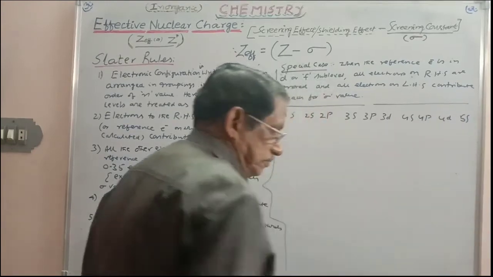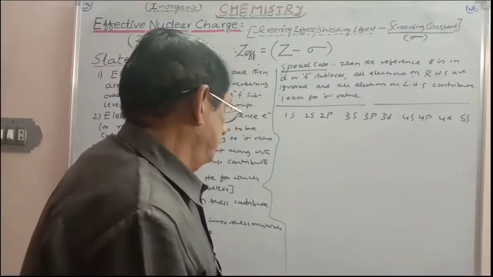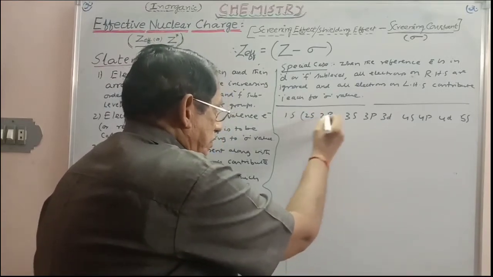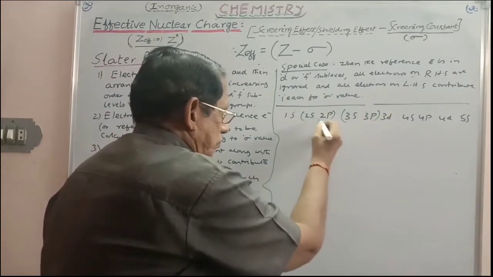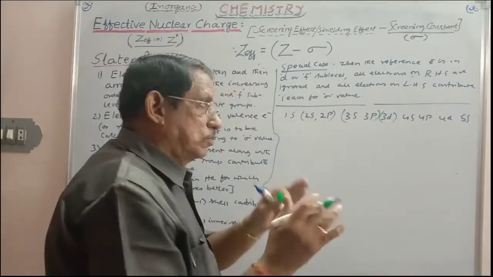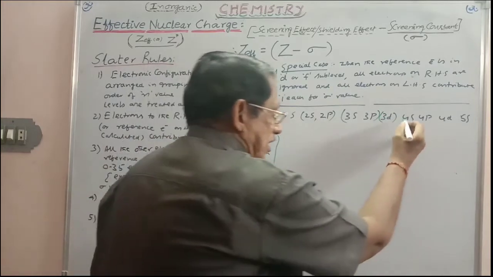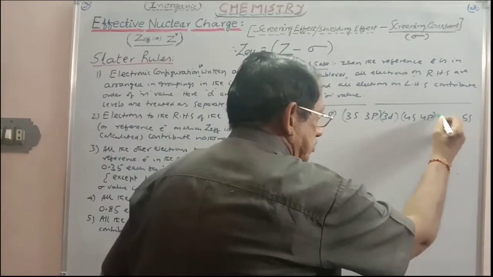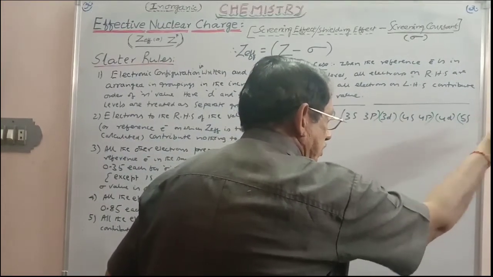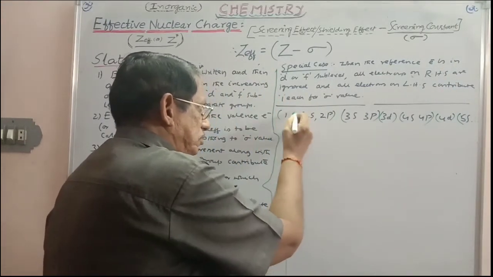Like this you have to write. While writing the groupings, s and p form one group. 3d is a separate group; it is not grouped with s and p. S and p one group, 4d a separate group. Similarly, you can take 5s. For 1s, only the s orbital is there, so it is a separate group.